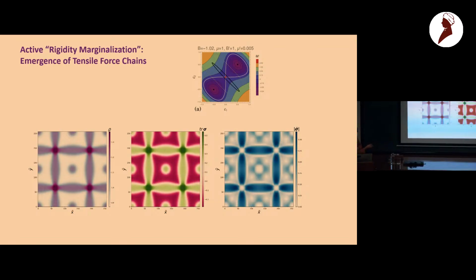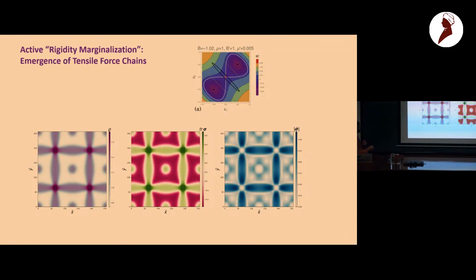What I have plotted, this dotted line, is the classical spinodal where the reference state has lost convexity. And this dark line is the elastic spinodal line. In regimes where the strain is inside this region, you will get these force chains, tensile force chains.